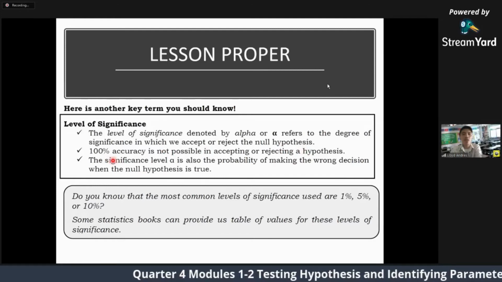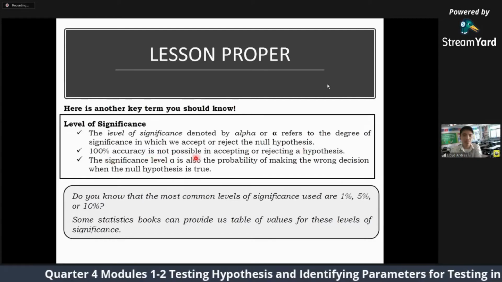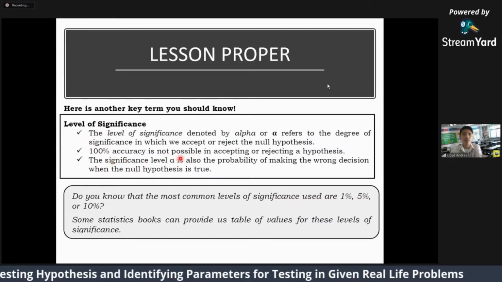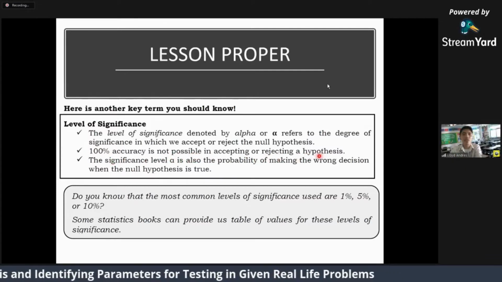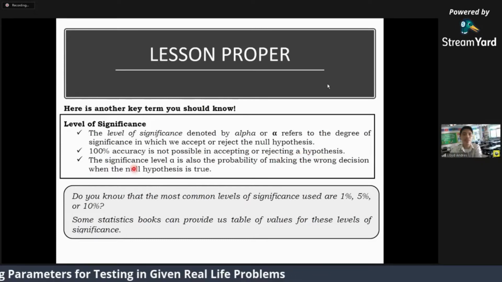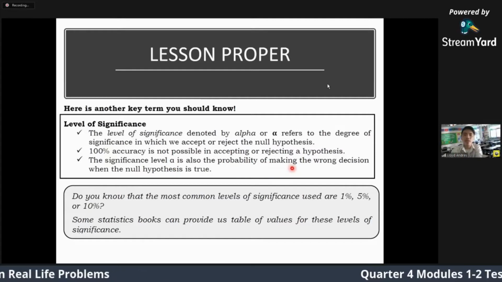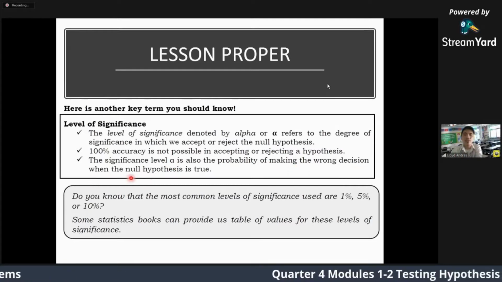100% accuracy is not possible. It is impossible to be 100% sure in accepting or rejecting the hypothesis. The significance level alpha is also the probability of making the wrong decision when the null hypothesis is true.